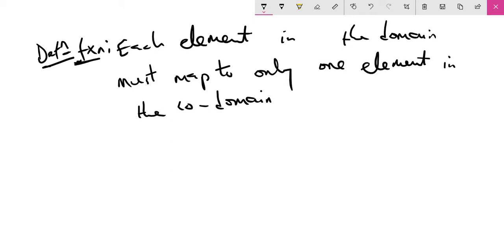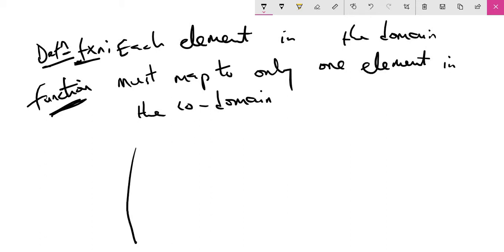So a function, when you have mappings, only those mappings where every single element in the domain maps to only one element in the codomain.